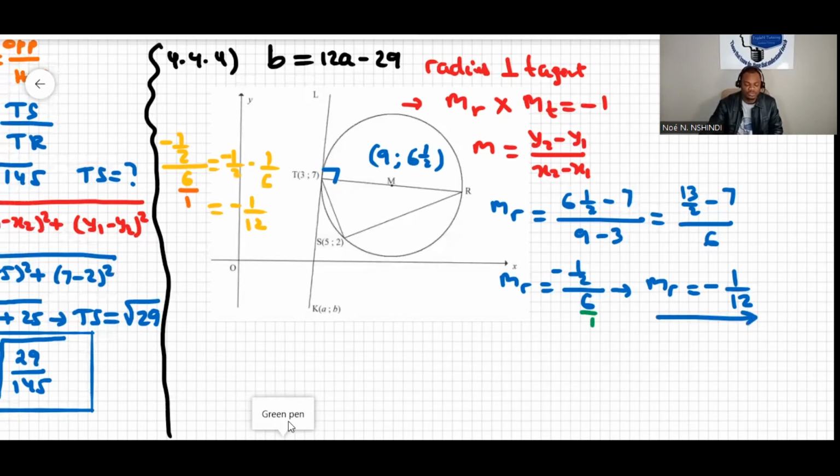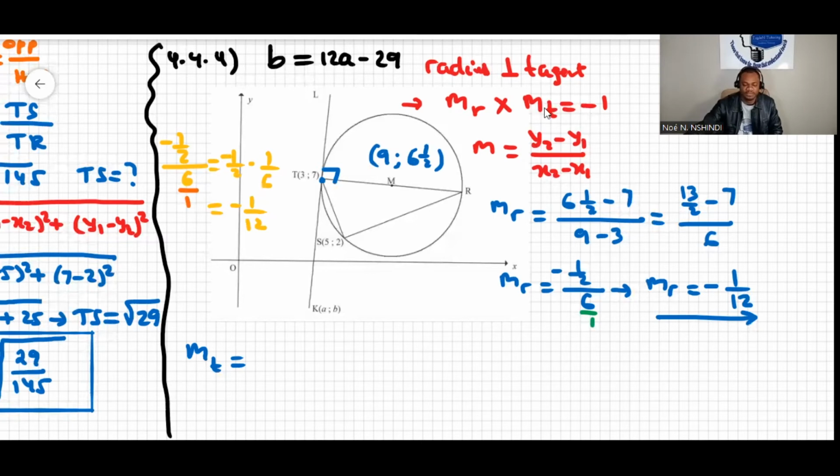Now let's work out also the gradient of the tangent. We have a point here, but we don't have another point to use to find the gradient of the tangent following this formula. But we can use the previous formula.